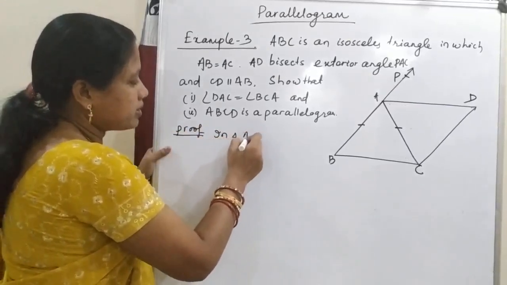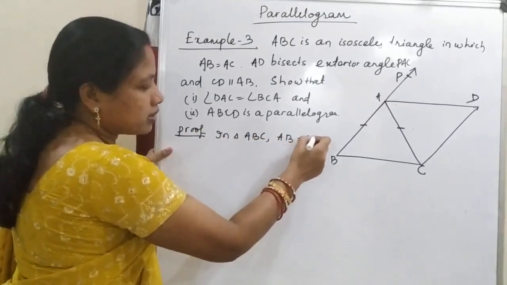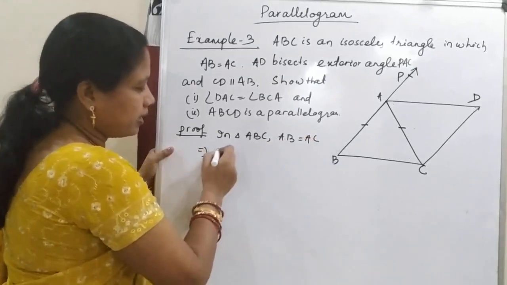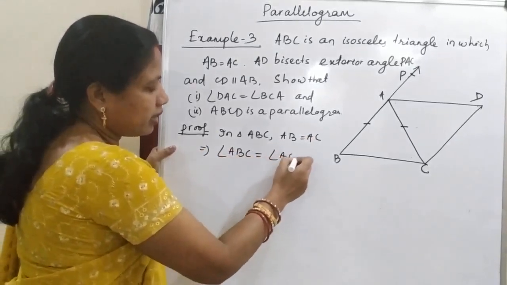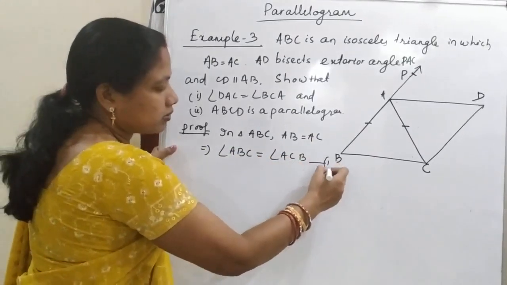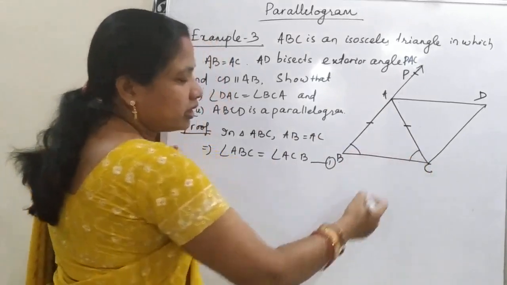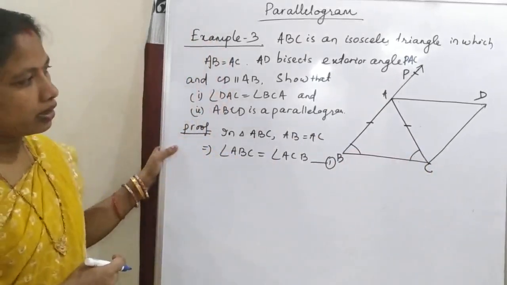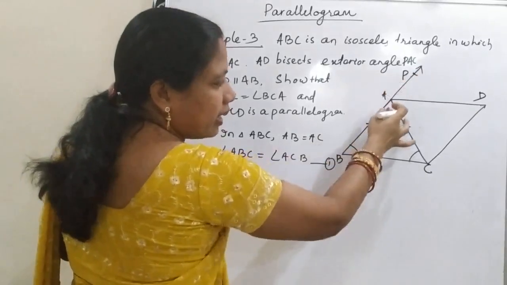So in triangle ABC, AB is equal to AC. So this implies angle ABC is equal to angle ACB. This is our equation 1, by the isosceles property: these two angles are equal. Again, what is the exterior angle?